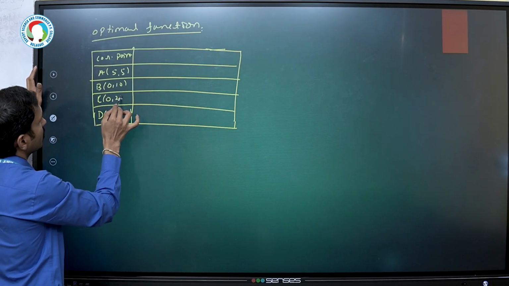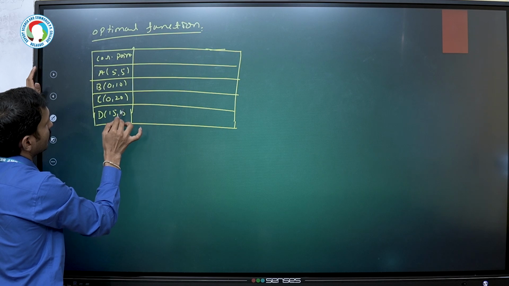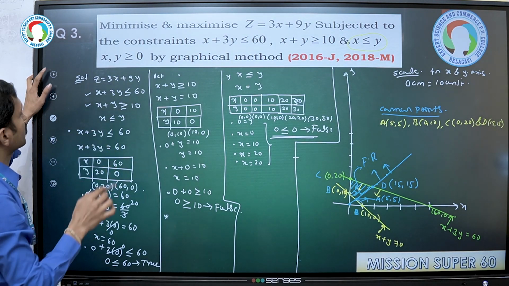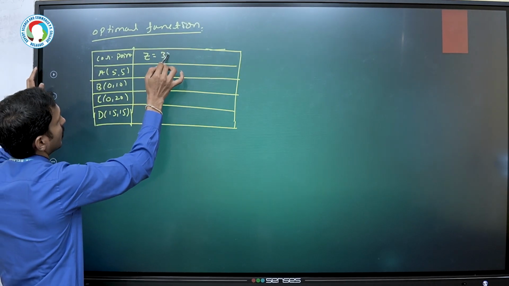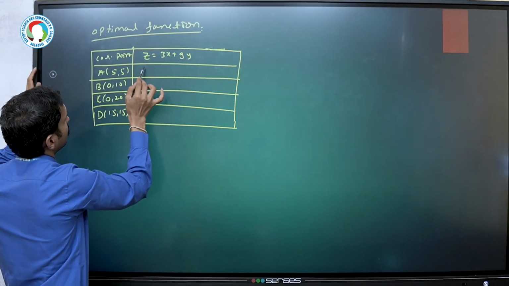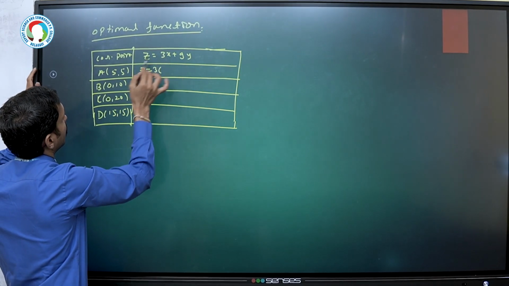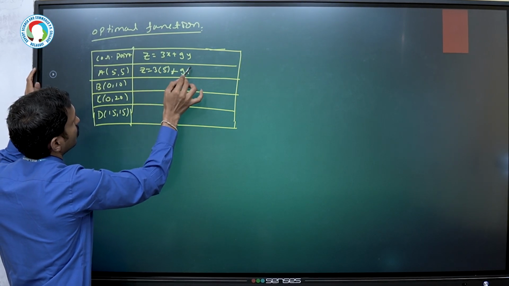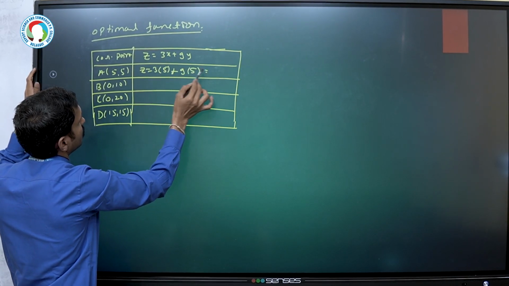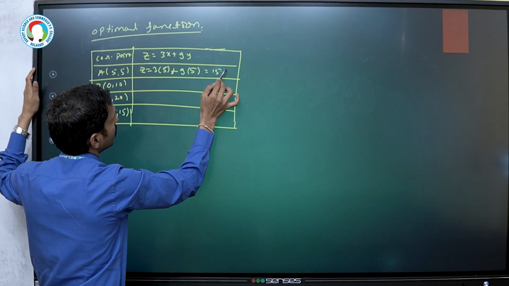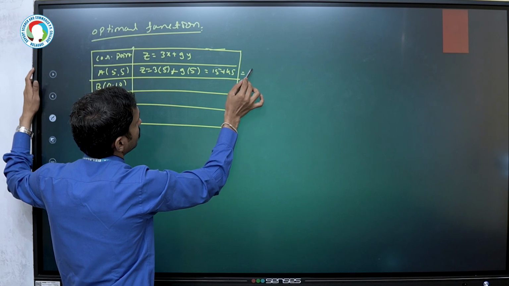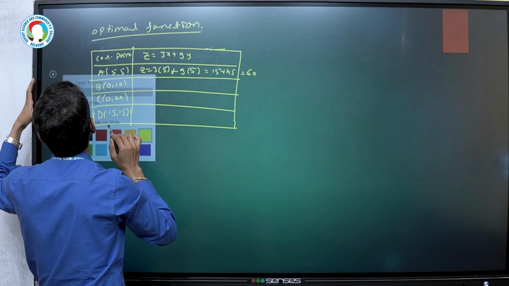Here the z value is there. What is z? z is 3x plus 9y. So z is equal to 3 into 5 plus 9 into 5, that is 15 plus 45, so this is 60.